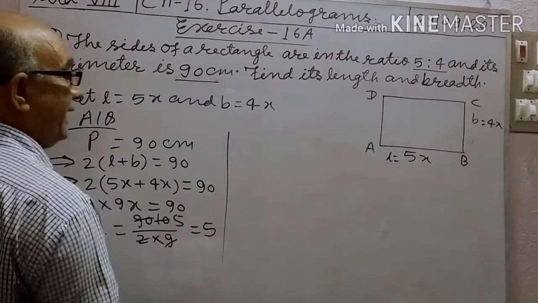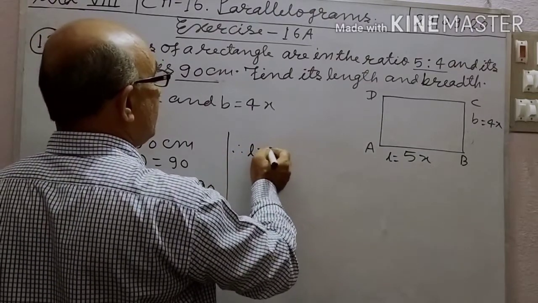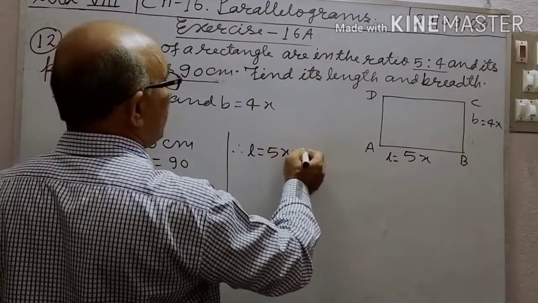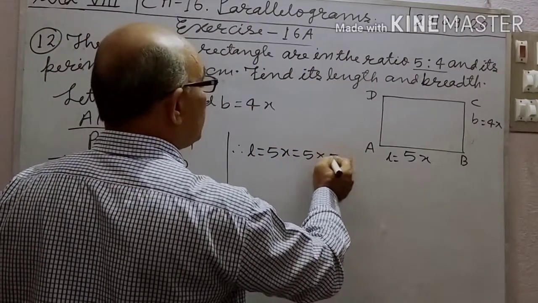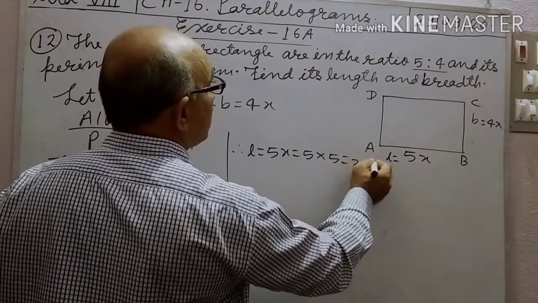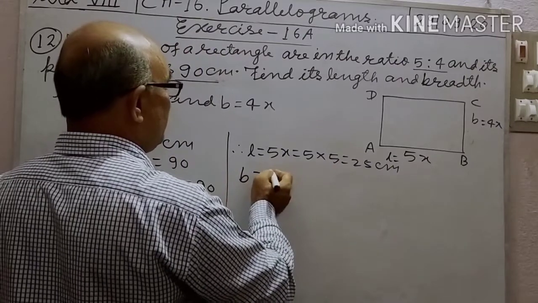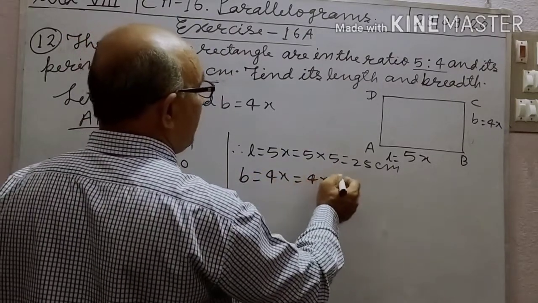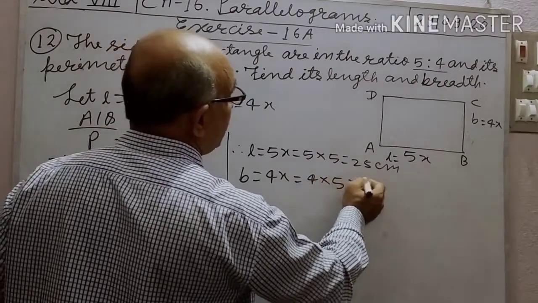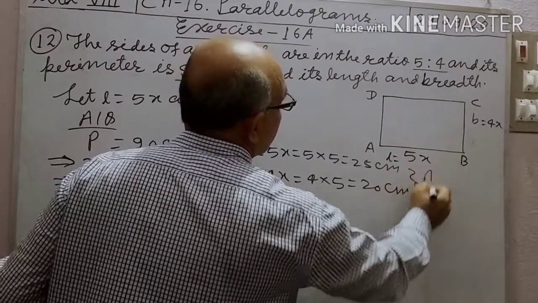So to find length and breadth: L equals 5x equals 5 into 5, 25 cm, and breadth equals 4x equals 4 into 5 equals 20 cm. Answer.